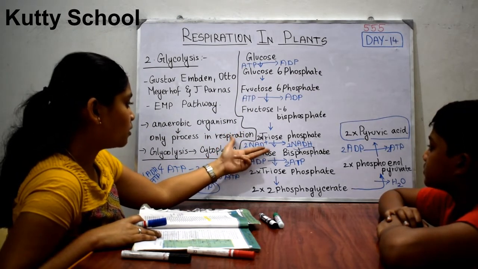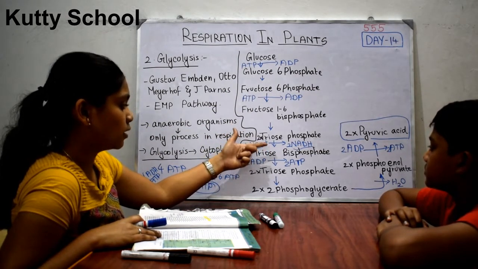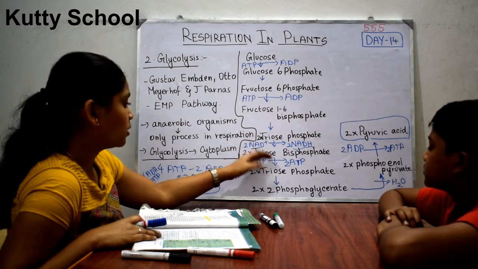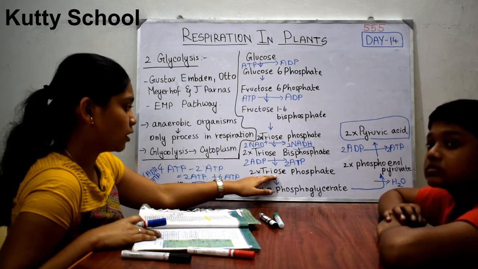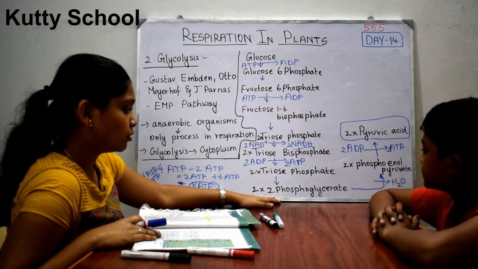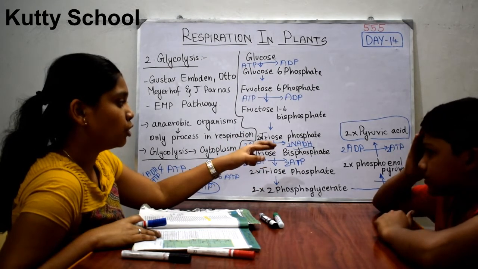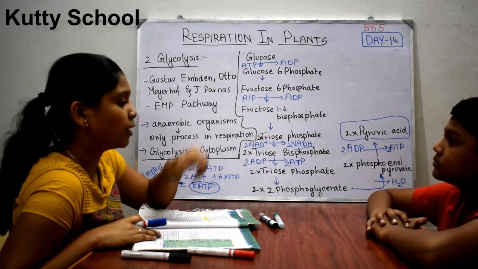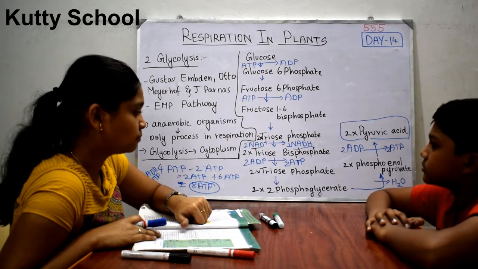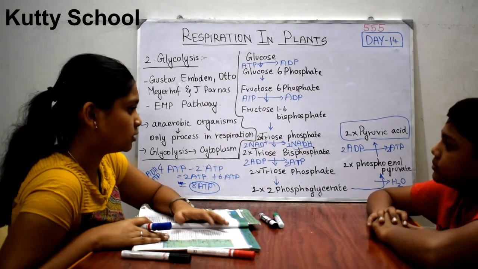From here 2 NAD plus gives 2 NADH. Again 2 into triose bisphosphate gives 2 into triose phosphate, 2 into 2-phosphoglycerate, 2 into phosphoenolpyruvate, and 2 pyruvic acid. So here 2 molecules of pyruvic acid are produced. Can you understand this glycolysis process?